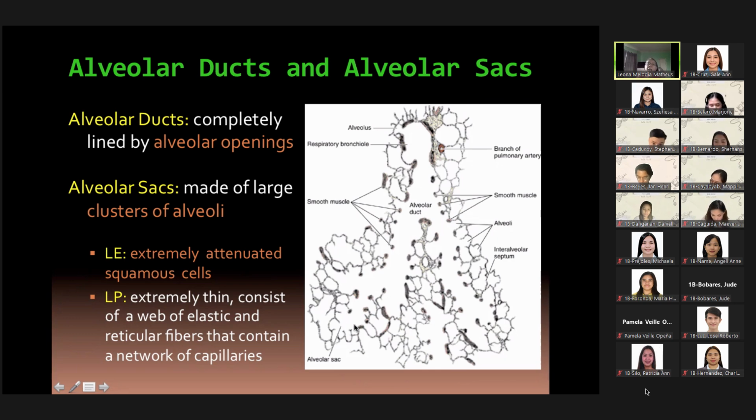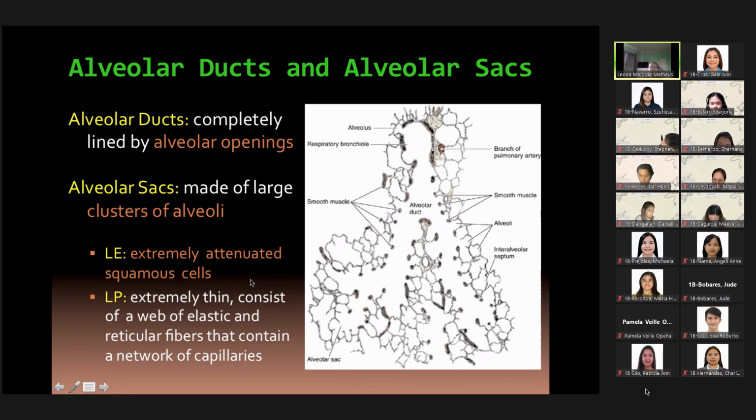Now, what is the lining epithelium? Once you see alveoli in the name of the structure, they are all lined with simple squamous epithelium. Note that it says extremely attenuated, meaning very thin squamous epithelial cells.